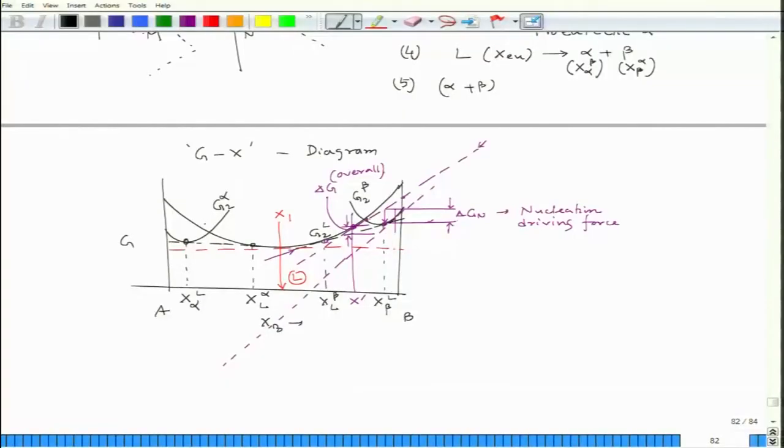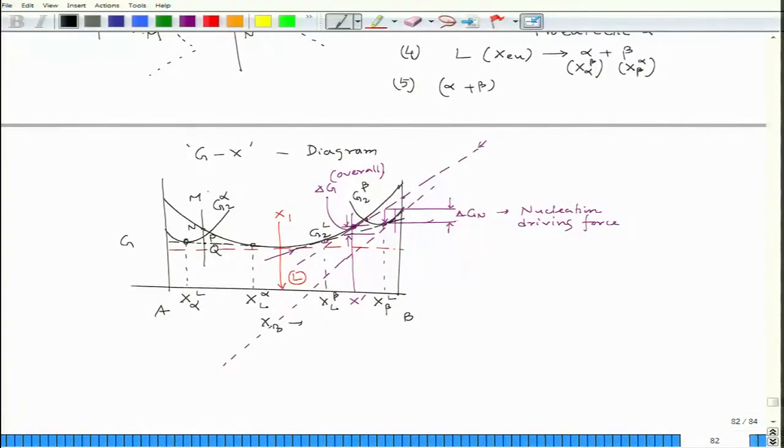For example, if I take any compositions like this, now M, N, P, and this connection is Q. I could see that when I am taking a liquid to a temperature below the melting point of A, then I have a situation depicted by this straight line.